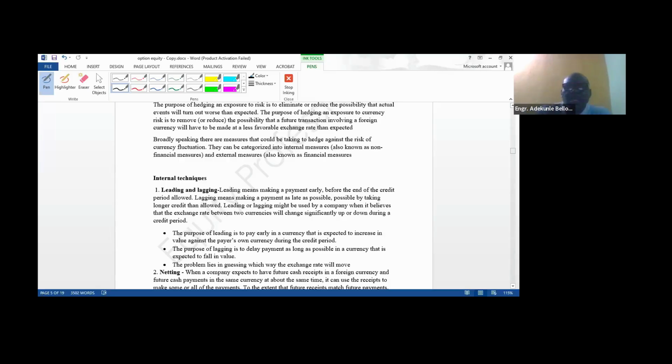We said leading means making payments early. While lagging means delaying payments to a later period. Both methods can be used to protect a company against currency fluctuation.